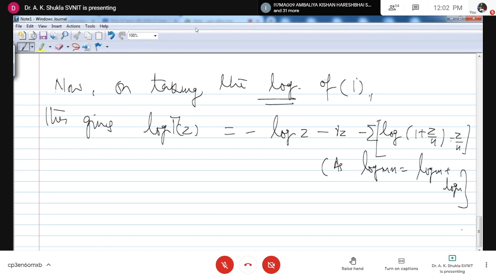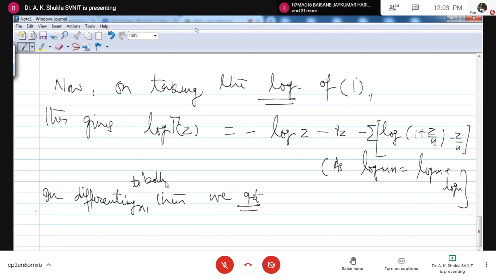Now on differentiating both the sides, we get the value of this.